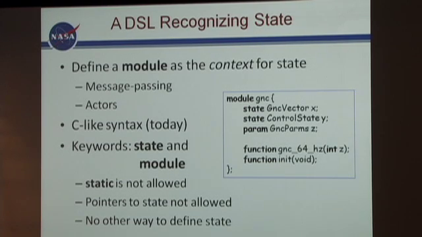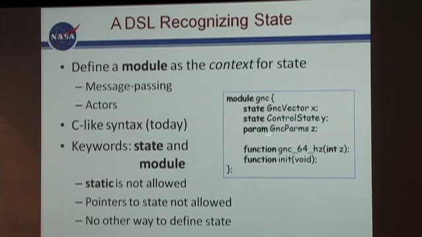It's very difficult to determine which variables are state and which are not, because state is not a part of the concept of C. So we add or incorporate the state keyword in the language, and we're saying here that this vector is state, and it's inside a module because we want to have distributed computation. So you can look at it as a very object-oriented kind of language.